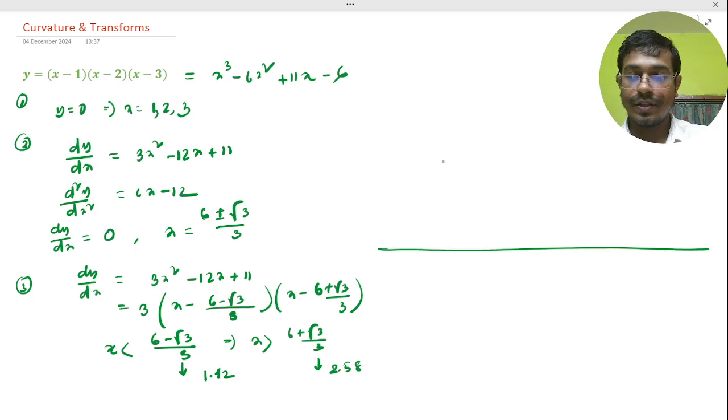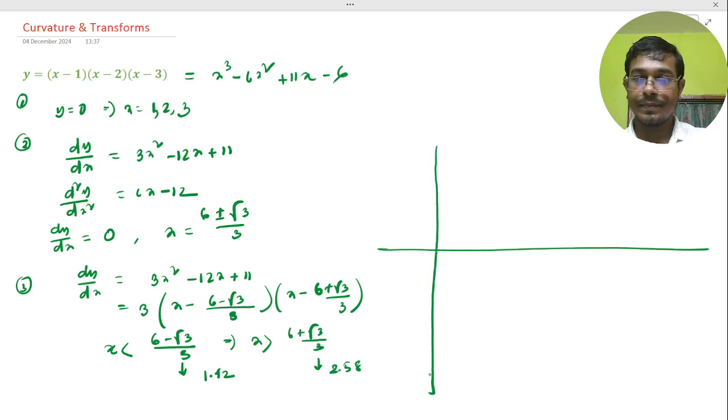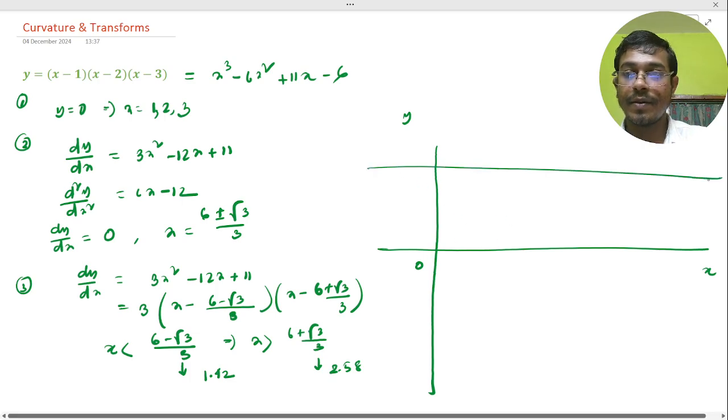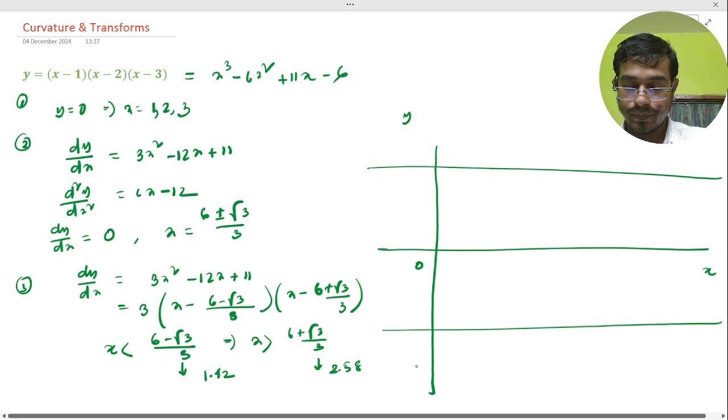This one is the origin, with the x and y axis, and this one is basically the maximum portion and the minimum portion here.